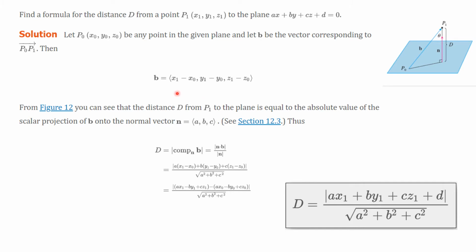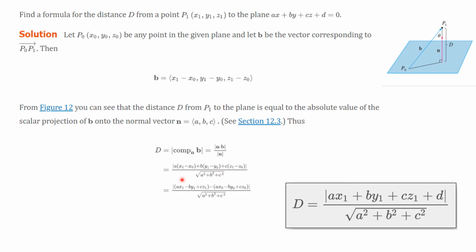So B is going to be the difference between the two: (x1 - x0, y1 - y0, z1 - z0). Now D is the magnitude of the scalar projection, and the scalar projection formula is n dot B over the magnitude of n.